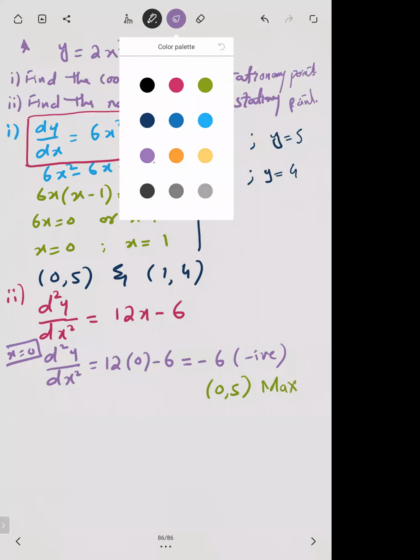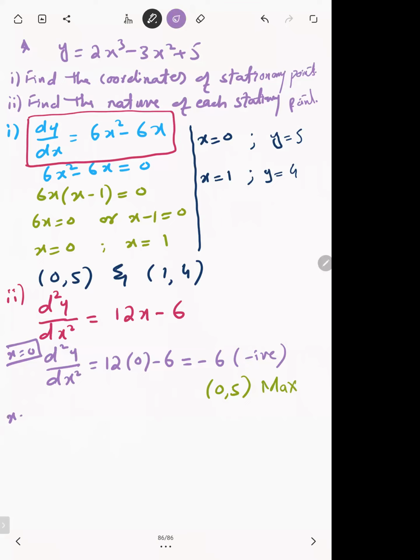Now check the nature for the second point. Now use x is equal to 1. There were two stationary points, with x coordinates 0 and 1. So now I'm checking for 1. d square y by dx square is equal to 12x minus 6. So if we put 1 now, 12 into 1 is 12, 12 minus 6 is 6. This time we are getting positive 6.